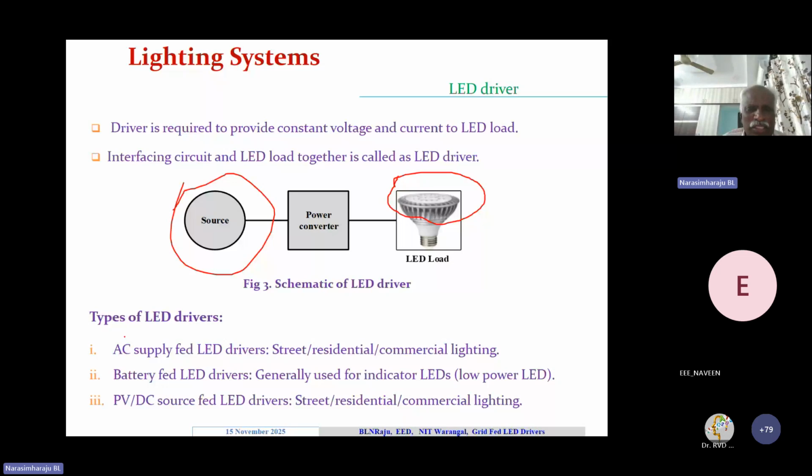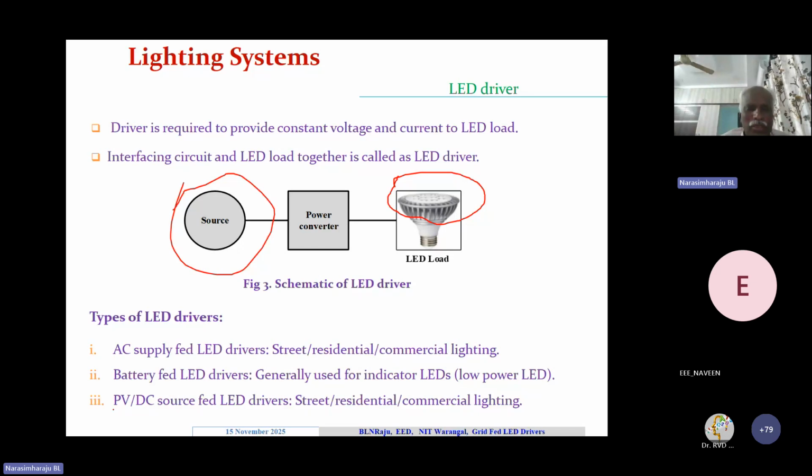Nowadays we have standalone LED lights also. In such cases, we can use battery-based LED drivers, or even a direct DC source like a PV source, which provides the required DC power to feed our LED lights, because LED lights need DC power only.